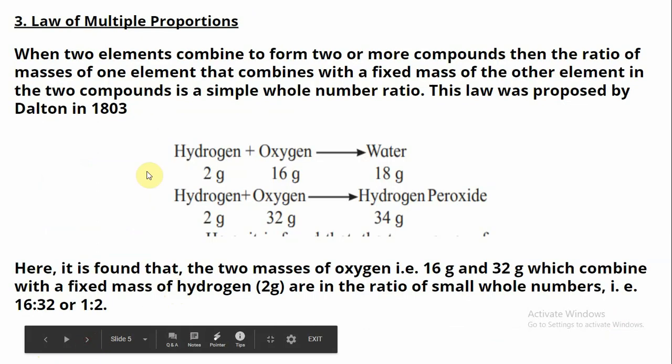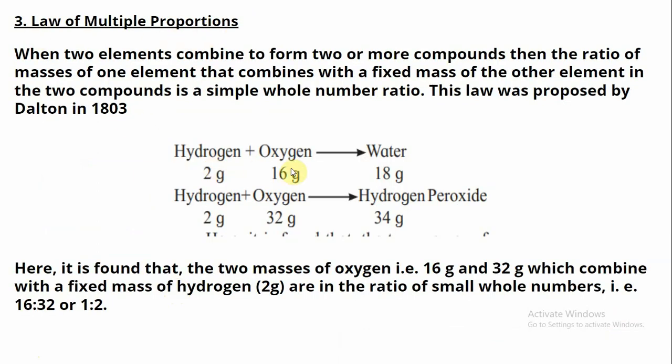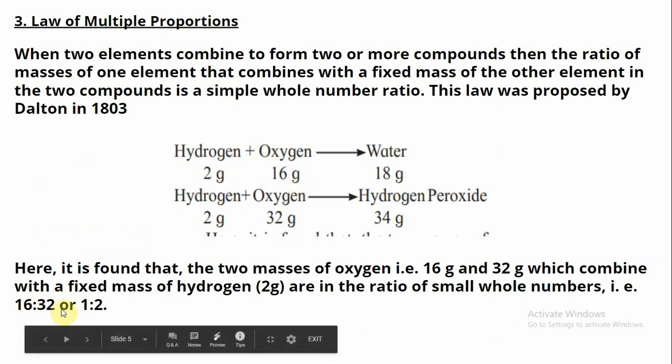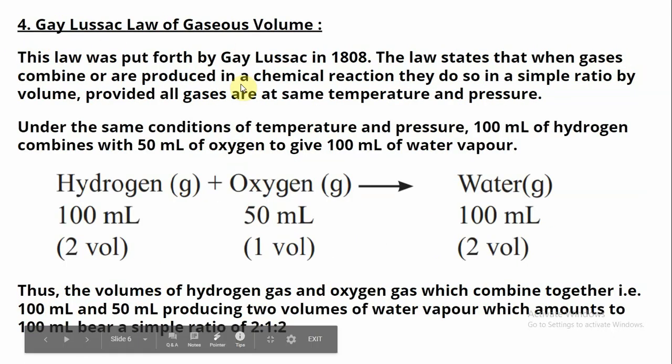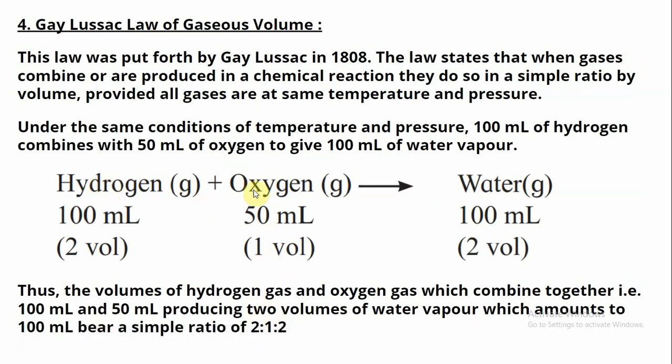And the law of multiple proportions, where we took one example of the simplest ratio, 16:32 or 1:2. Then the law of gaseous volumes: 2:1:2 is the simplest ratio of hydrogen, oxygen and water, 100 ml to 50 ml to 100 ml.